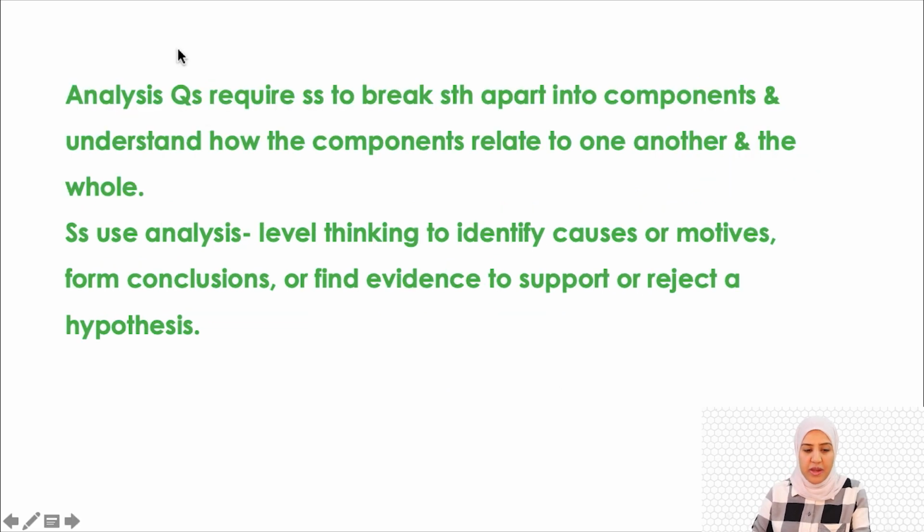Analysis questions require students to break something apart into components and understand how the components relate to one another and the whole. So they use analysis level thinking to identify causes or motives, form conclusions, or find evidence to support or reject a hypothesis. A hypothesis is a possible idea or solution based on facts, but is not proved yet.